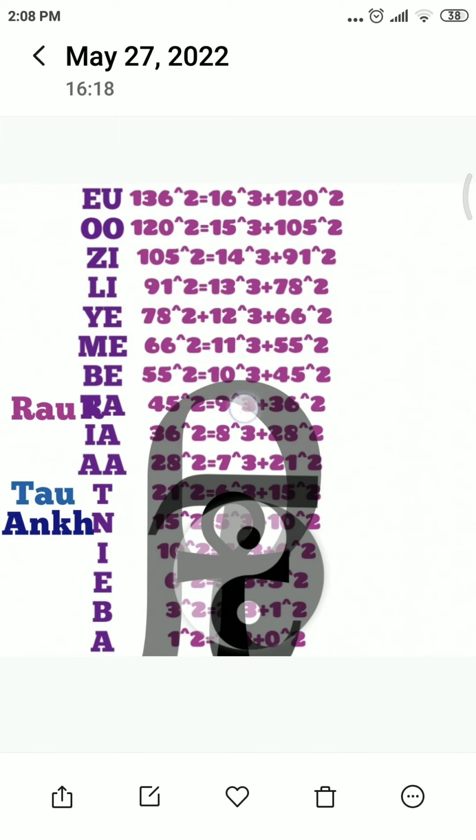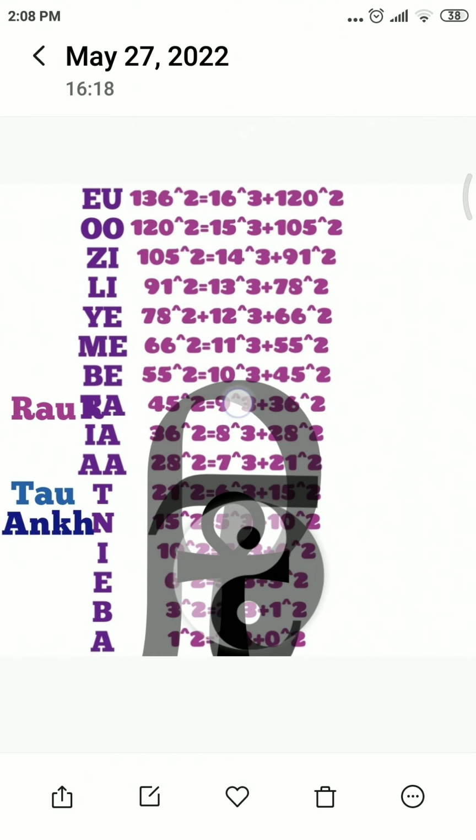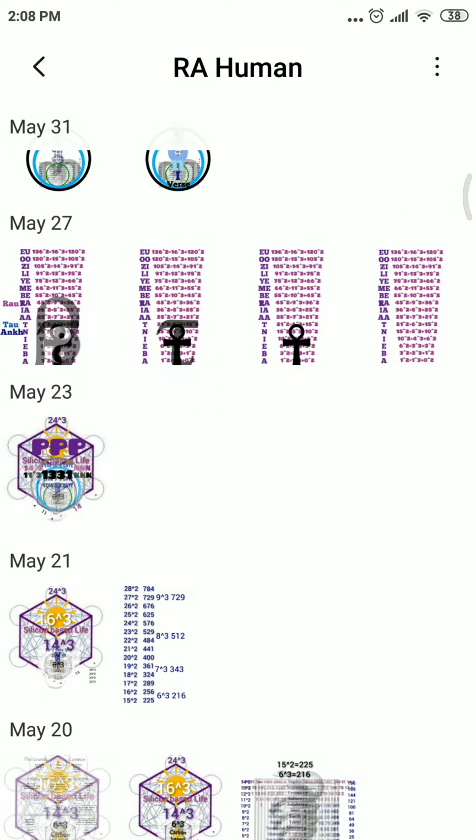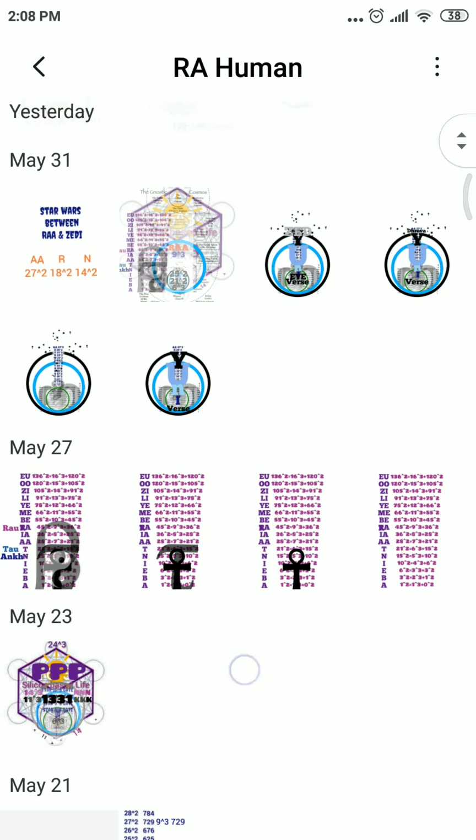This is the ninth level, 9 cube. And here, this is basically 729. 9 cube is 729. But is there any other way we can express 729?